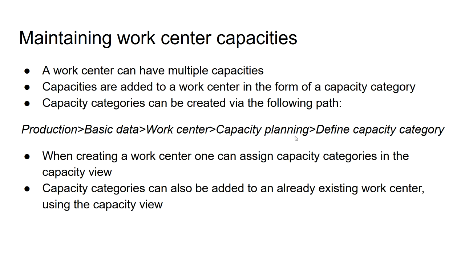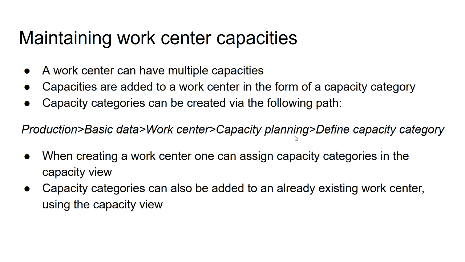As I said, capacities can be maintained through the capacity view of the work center. I also mentioned that work centers can have multiple capacities. When you want to add an additional capacity to a work center, you do this by adding a capacity category. These capacity categories, you can also create and maintain yourself.